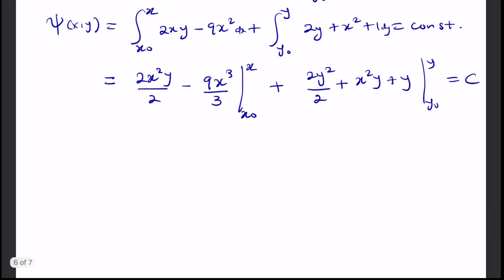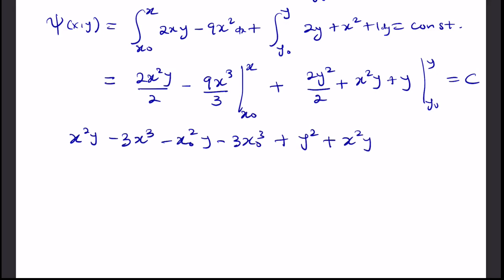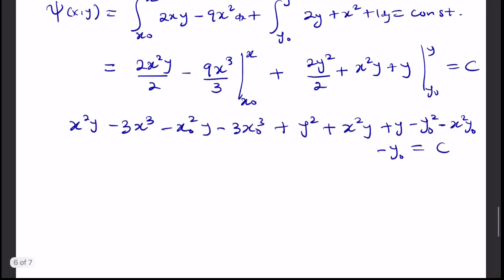Therefore, we are going to get x squared y minus 3x cubed minus x naught squared y minus 3x naught cubed plus y squared plus x squared y plus y minus y naught squared minus x squared y naught minus y naught is equal to a constant. All I just did was to substitute the values of the boundaries into these expressions.